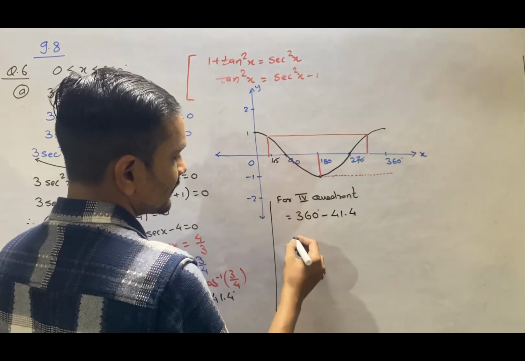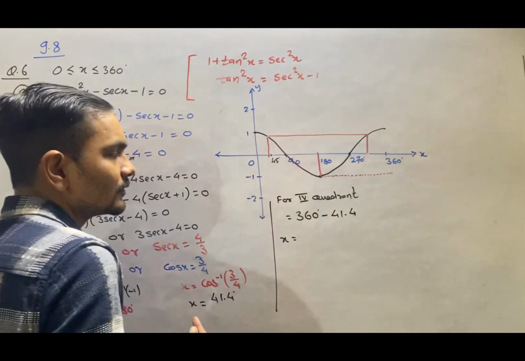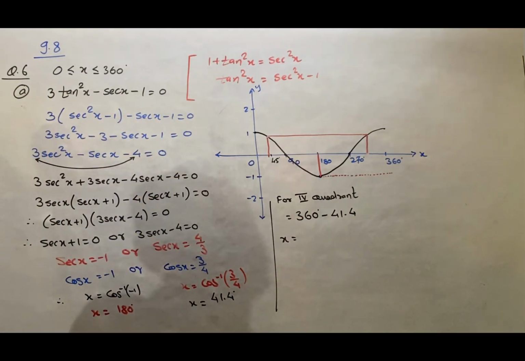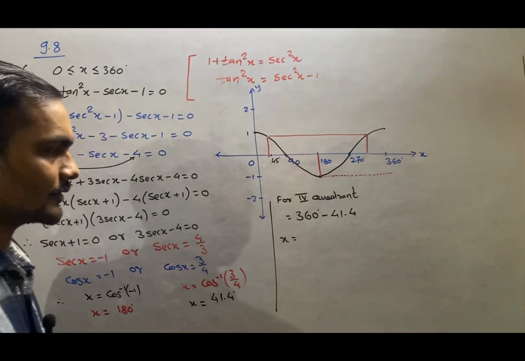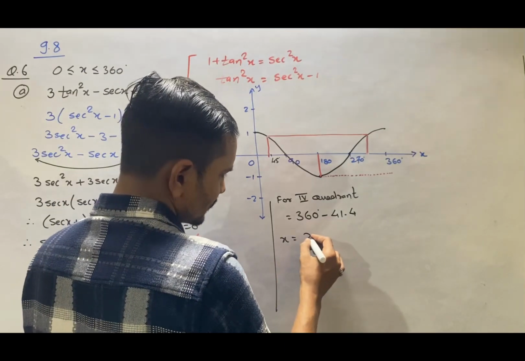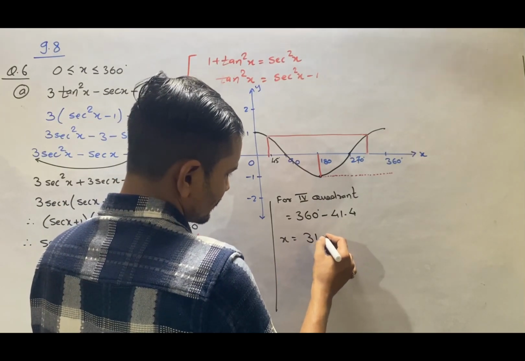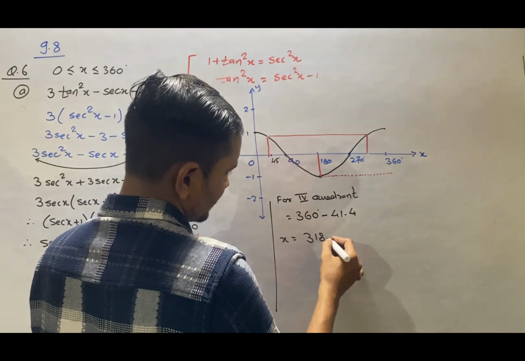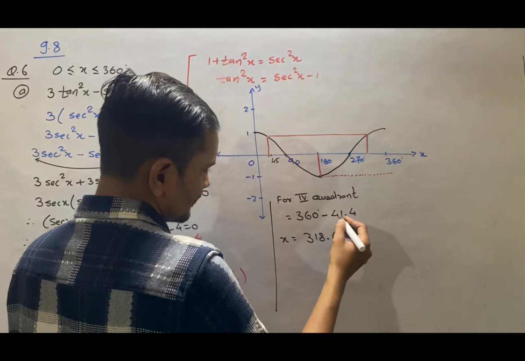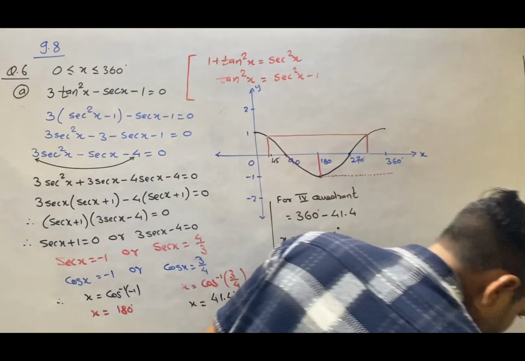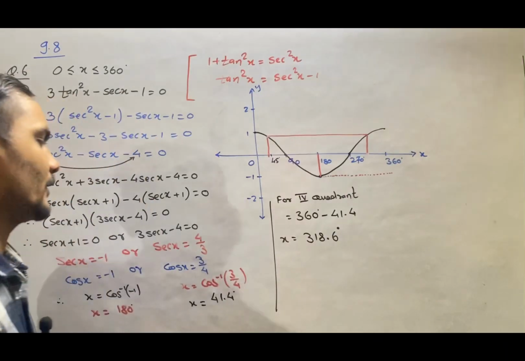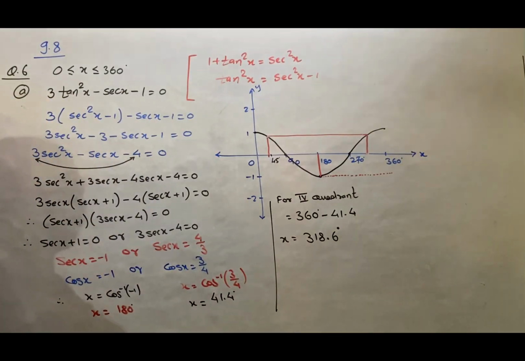So let's subtract. So 318.6. Am I right? Yeah. Okay. So these are the standard angles for this equation.